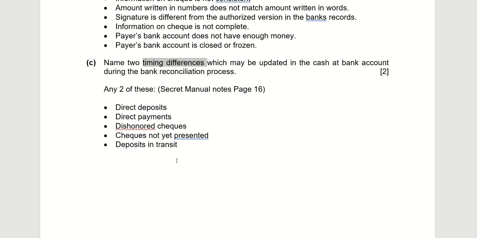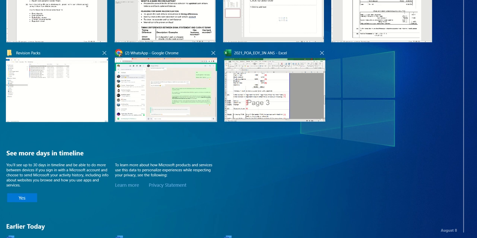Direct payments are directly deducted from your cash at bank account, no approval required by you. A lot of these are like insurance, salary, mobile expenses, which are directly deducted. Dishonored checks are when your trade receivable paid you, you put it in the bank account, but eventually you find out that you cannot receive this money because of the reasons stated above.